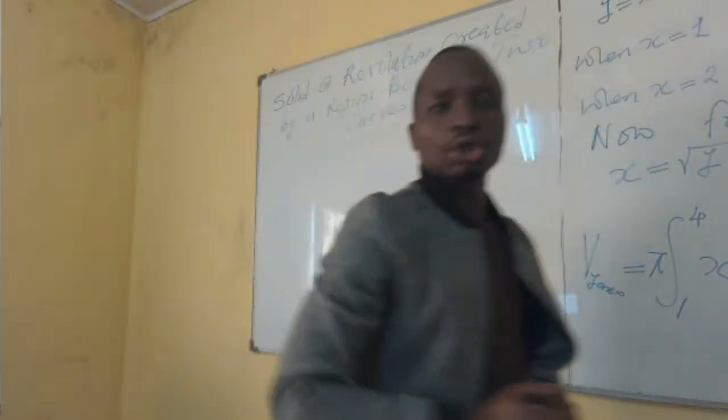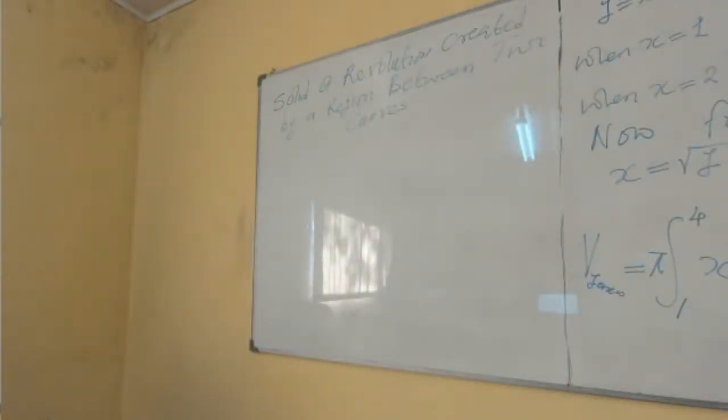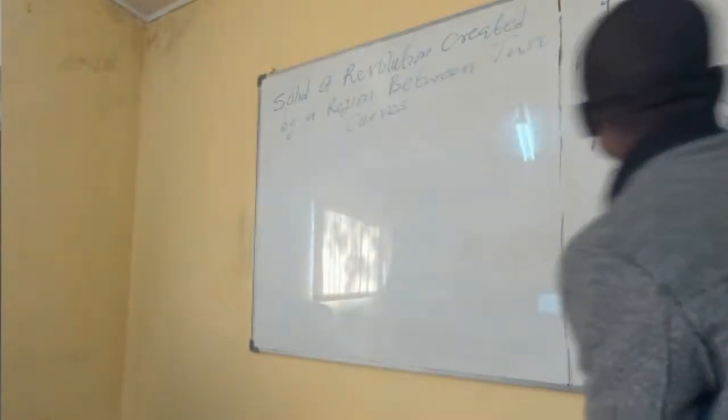So we have this solid of revolution created by the region between two curves.